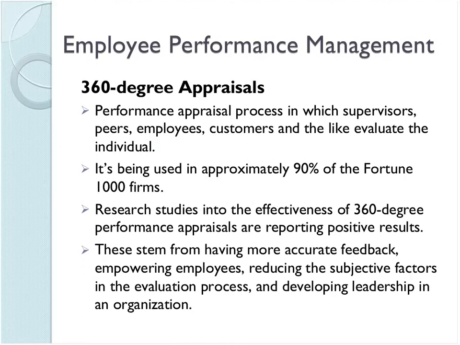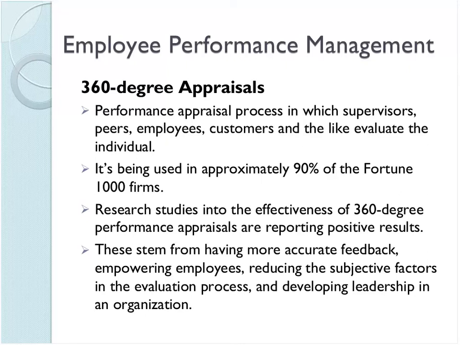So, for example, maybe you have heard that we have a 360-degree appraisal system. Most organizations use this kind of system. What is it? This is a performance appraisal process in which the supervisors, the peers, employees, customers, and the like evaluate the individual. So in a 360-degree appraisal, when we have a supervisor in the organization, the supervisor of the department will evaluate all the staff's performance in that department.